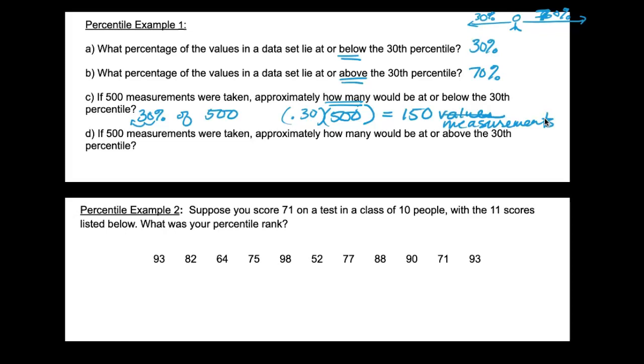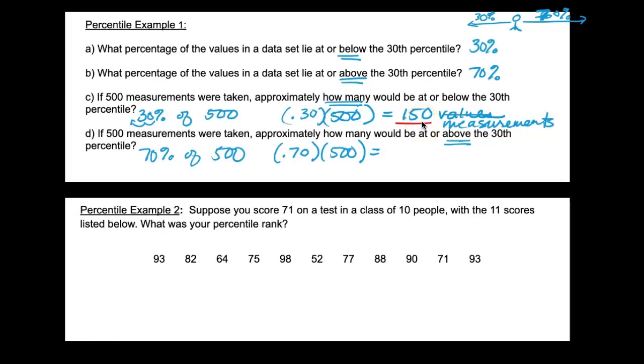And then for D, if 500 measurements were taken, approximately how many would be at or above the 30th percentile? So we could do one of two things here. We could take 70% of 500, since we know 70% are going to be above the 30th percentile, and we could do that by doing 0.70 times 500. The other thing we could think about is we could look at the answer to the last question.